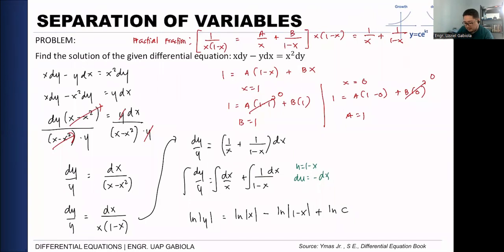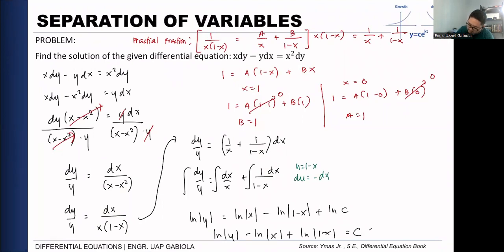Okay? Then we can combine yung mga pwedeng i-combine. Pwede natin ilagay lahat ng ln na may variable sa one side, no? So ln y minus ln x plus ln 1 minus x is equal to yung ln c, pwedeng c na lang siya, no?